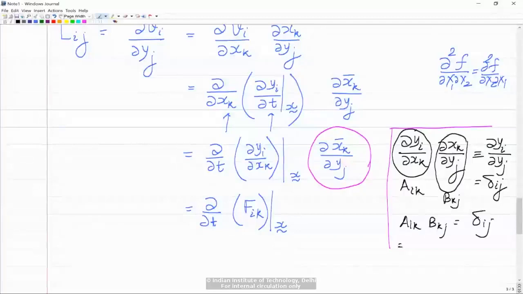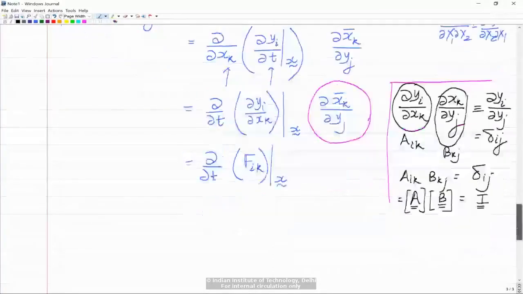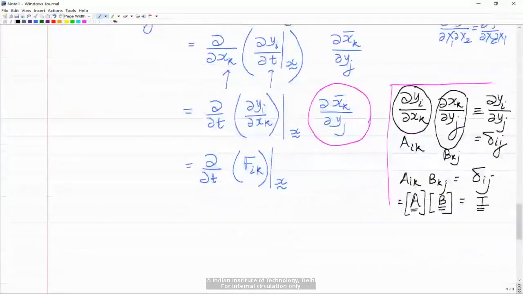But you see on the left you have aik into bkj. It is like multiplication of two matrices, right? Matrix A multiplied with matrix B, and that's equal to identity, right? And now you know what is this? This matrix A is actually your big F, no?